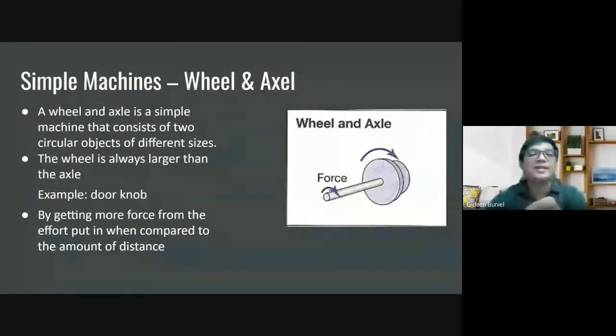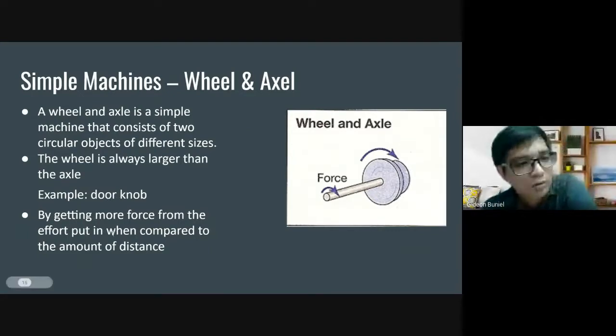A wheel and axle is a simple machine that consists of two circular objects of different sizes. The wheel is always larger than the axle. Okay, so we have an example here, the doorknob. If you have a doorknob at your house, that's one example of a wheel and axle, getting more force from the effort put in when compared to the amount or distance.